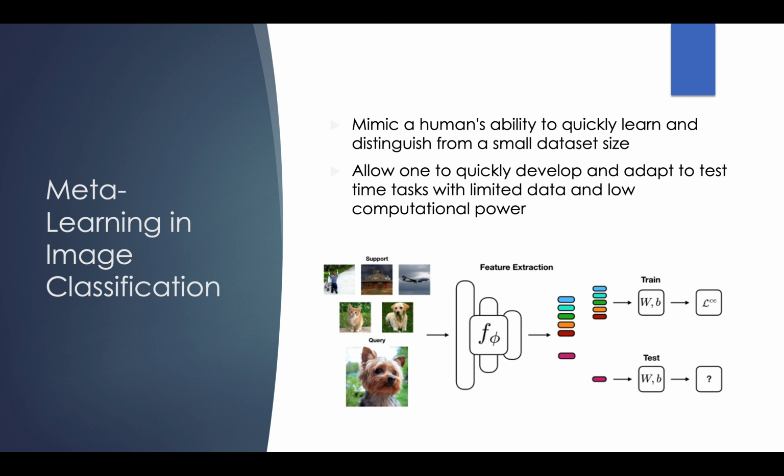So meta-learning, especially in image classification, is trying to mimic a human's ability to quickly learn and distinguish from small dataset sizes. So we want to allow one to quickly develop and adapt to test time tasks with limited data and low computational power.